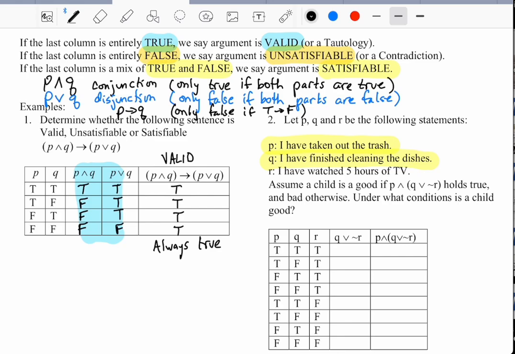Am I wearing shoes? Am I wearing socks? Very easy. So this could be read with P representing I am wearing shoes and Q representing I am wearing socks. If I am wearing shoes and I am wearing socks, then I'm wearing shoes or wearing socks.